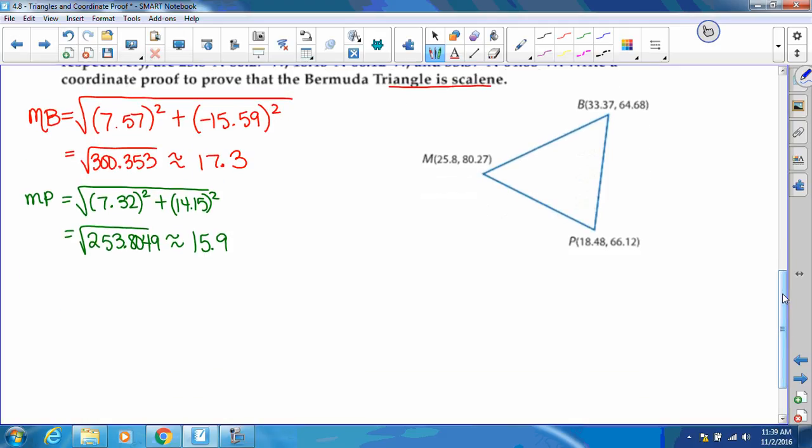And then we have one more, BP. So I'm going to subtract the x's. So 33.37 minus 18.48 is 14.89 squared plus 66.12 minus 64.68 is 1.44 squared. Then I'm going to square those and add them together.